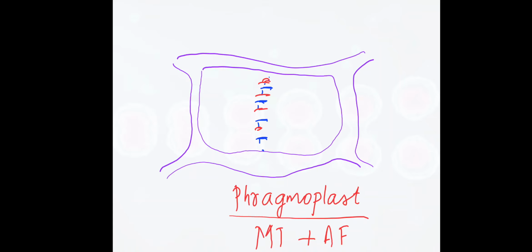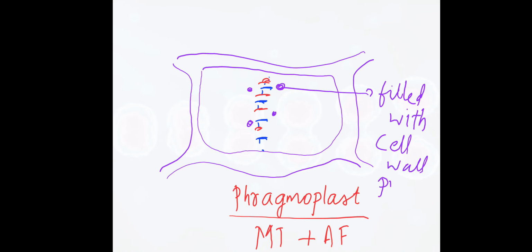Along with this, there is another key player: small membrane-bound vesicles. These are derived from the Golgi apparatus, and they are filled with cell wall precursor, which fuse with the phragmoplast and form the early cell plate.